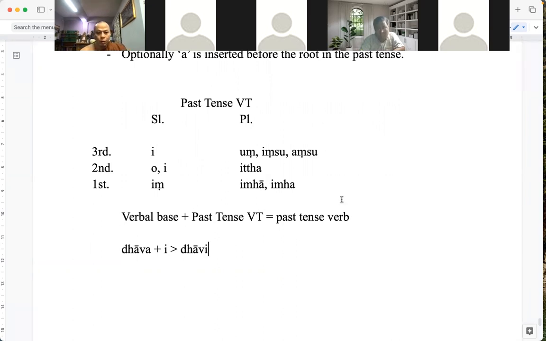And also here, the third person plural has three verb terminations, but the last one is very special and does not apply with every base. For special bases we use it, but dhāva is common, so we don't use that one.